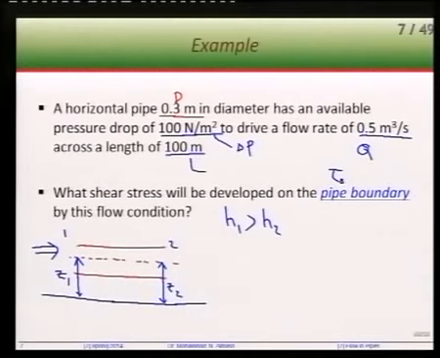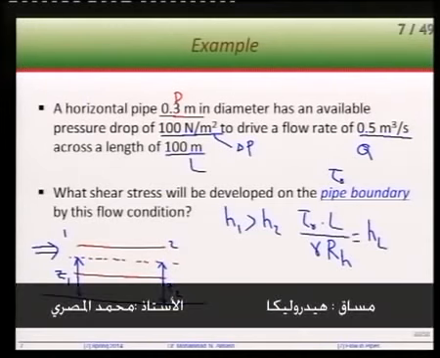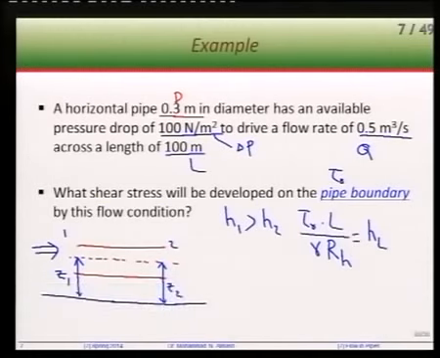Either you can say one way, and you can just only memorize this one, or you can just immediately say tau 0 equals gamma RH multiplied by HL over L. So both will work fine.